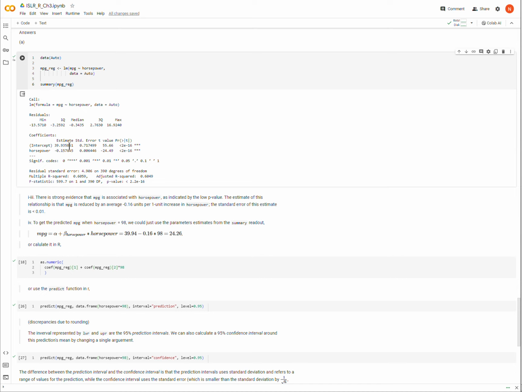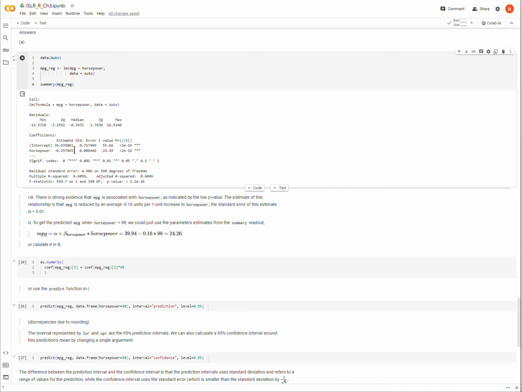What can we glean about the relationship between horsepower and miles per gallon with this output? One of the first things is that the p-value is very low, which suggests that there is strong evidence for a relationship between horsepower and miles per gallon.